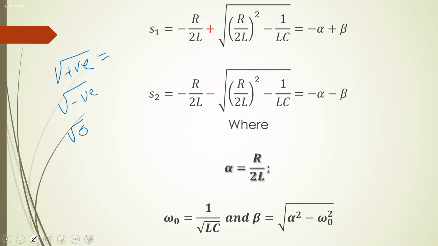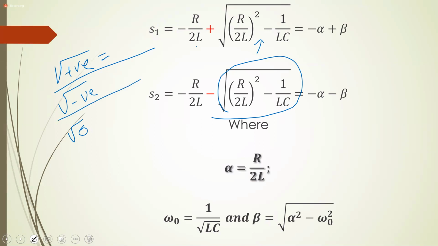So if it's positive, then it means that S1 and S2 would be distinct, because this square root would be a distinct number. So I would be adding minus alpha to a specific number, so we'll get different values for S1 and S2.